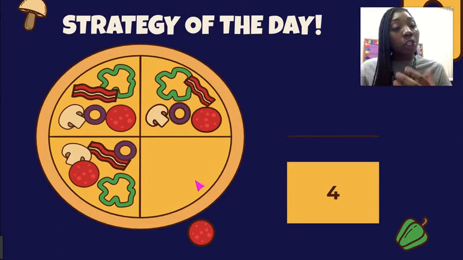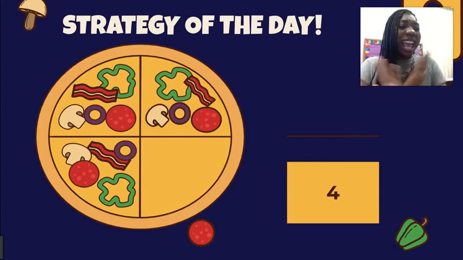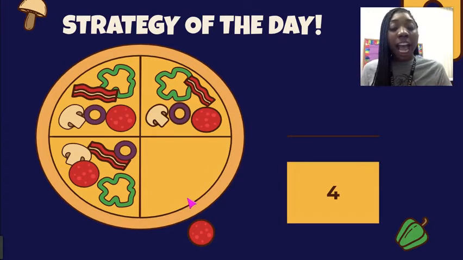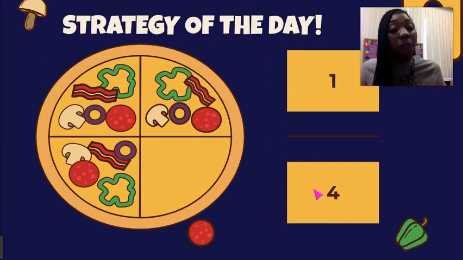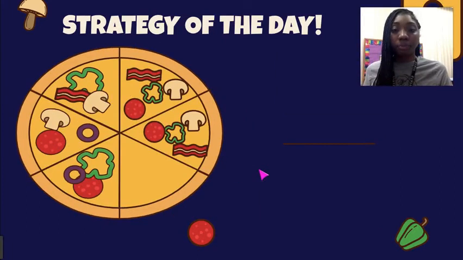Now, how many parts of that whole do not have any toppings at all? I noticed that there's only one part that doesn't have toppings. So 1 out of the 4 pieces does not have toppings, and my fraction is 1/4.